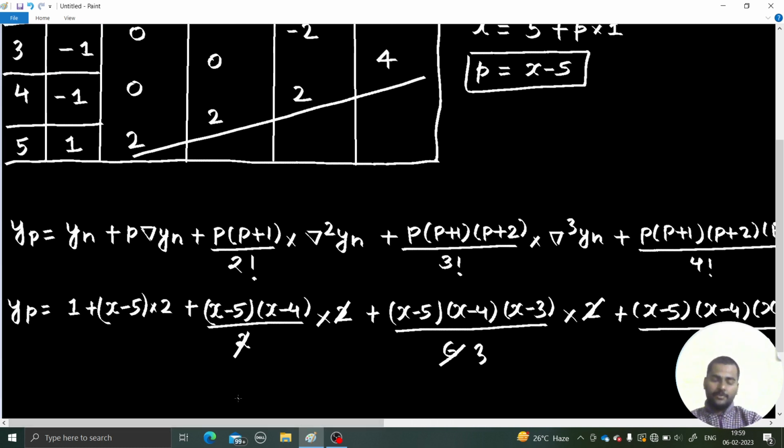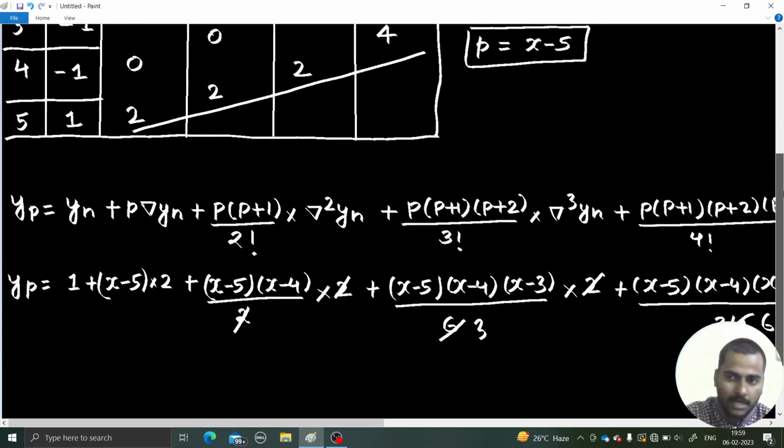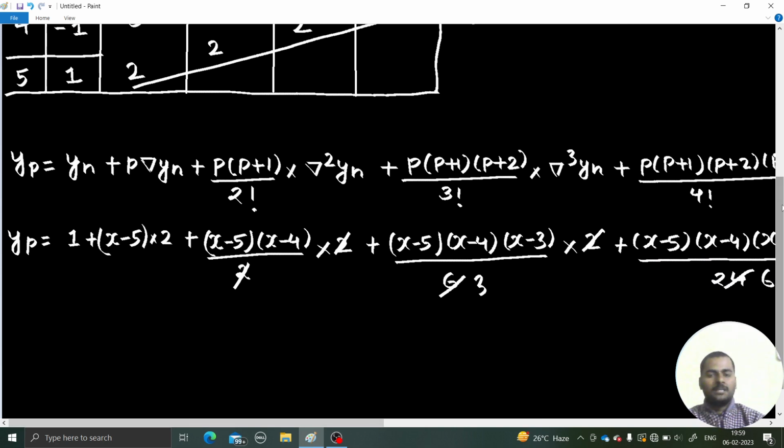And the simplification is the most critical part of the problem, because there we make error. I myself have made error in this part, so please take this seriously. So do it as slowly as you can. So this is 1 plus 2 times x minus 10. I think this is correct as far as this is concerned.